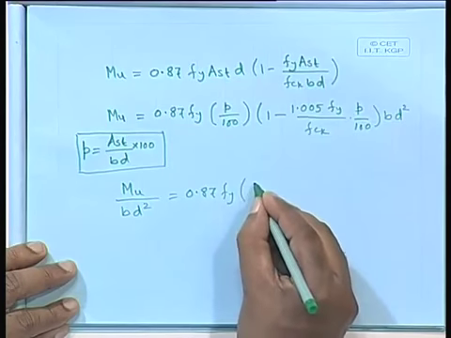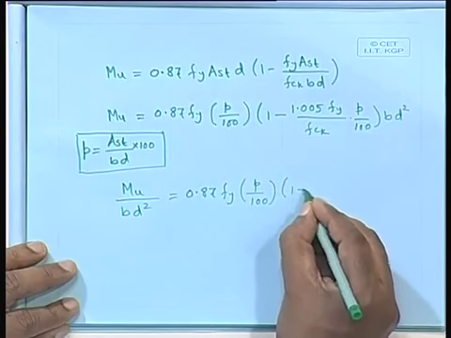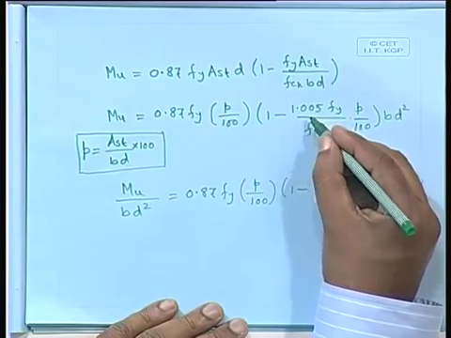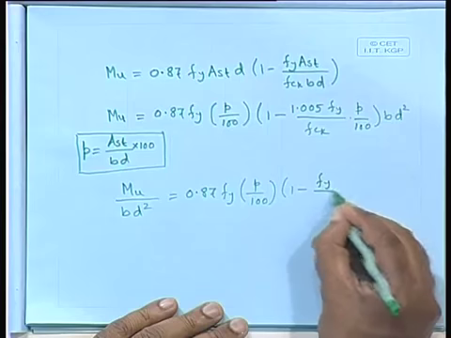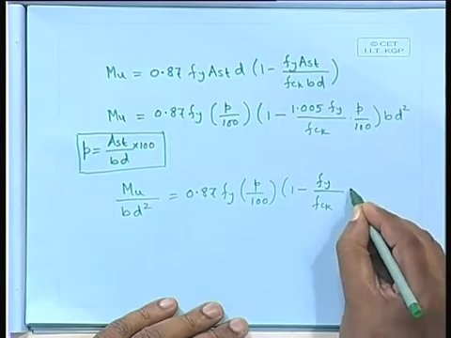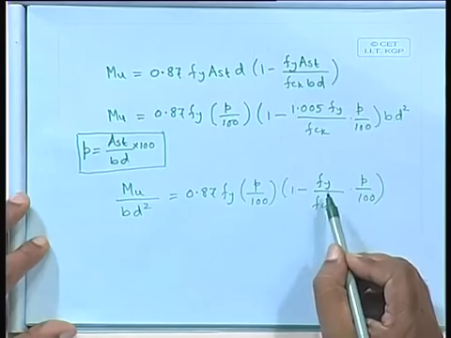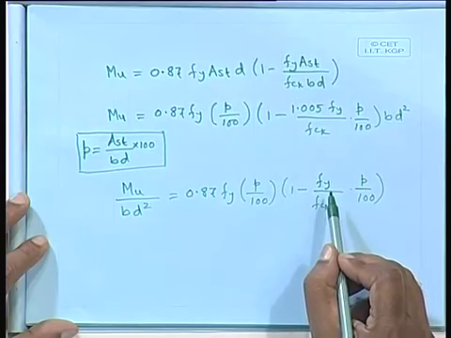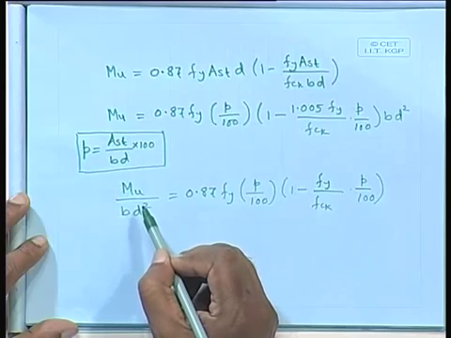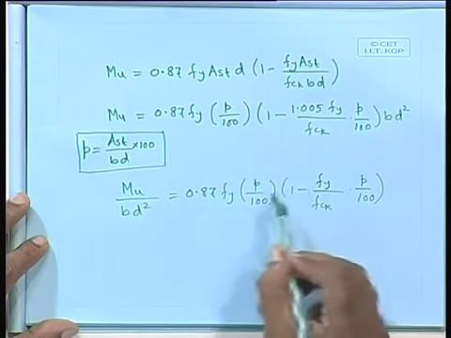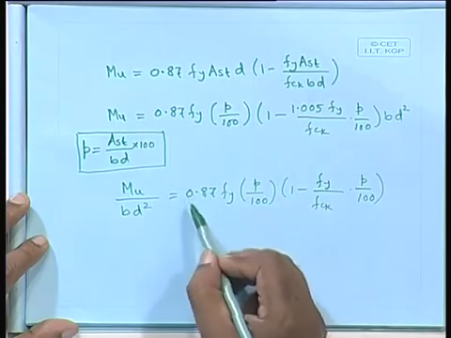Fy P by 100 multiplied by 1 minus Fy by FCK into P by 100, where here again I can omit this 1.005, ignore that. So, for a particular grade of steel and percentage of steel given, we can find out that Mu by Bd square, where we do not need the section size, we can get one value.